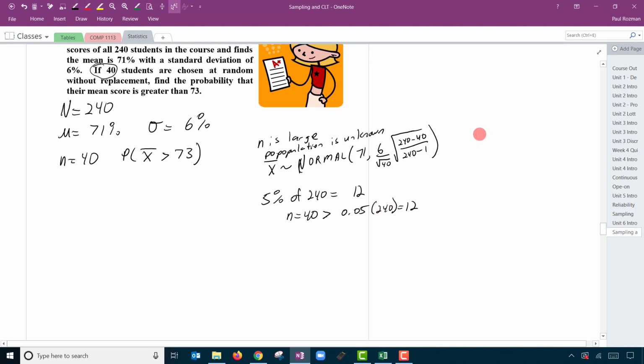So we do this correction. Now we can just calculate the z-score and go on our way. It's the probability that z is greater than 73 minus 71, and then the denominator is going to be all crazy. We have 6 over the square root of 40, and then we adjust that with the square root of 240 minus 40 over 240 minus 1.